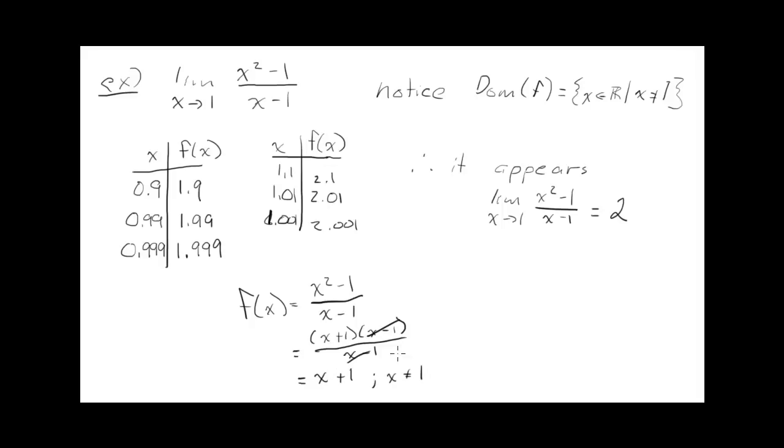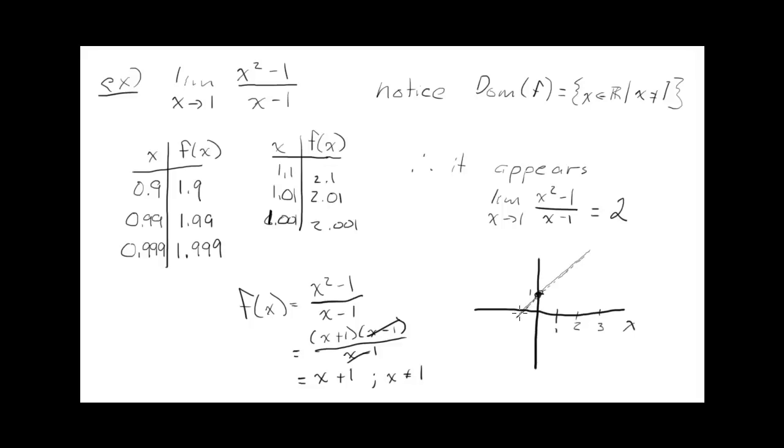What's happening at that 1? You might remember that means there's a hole, and what we just figured out is where that hole is. So f of x is going to look like the line x plus 1, a linear line with y-intercept of 1 and a slope of 1.